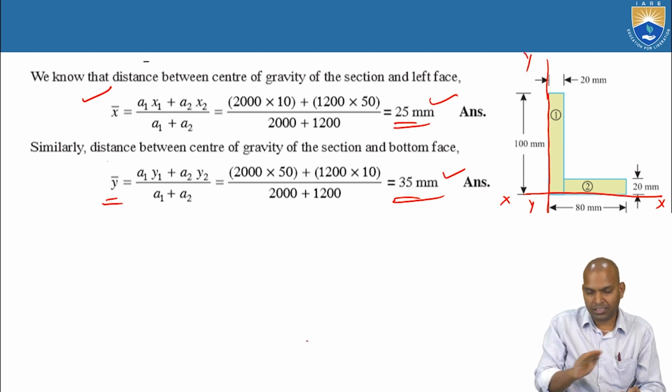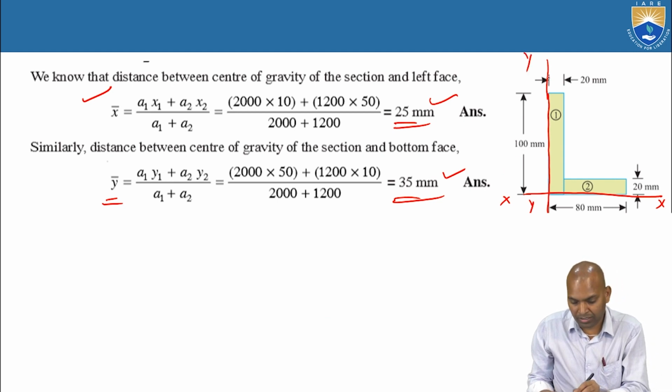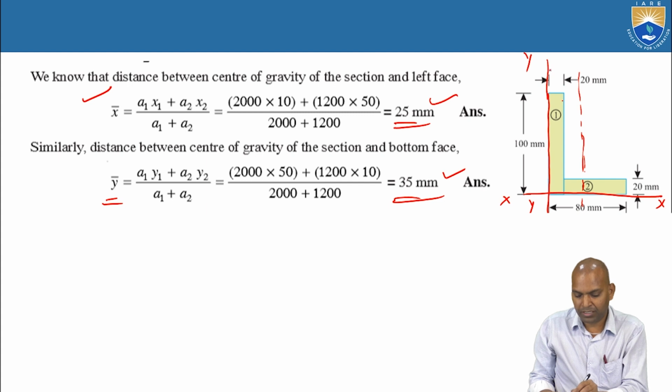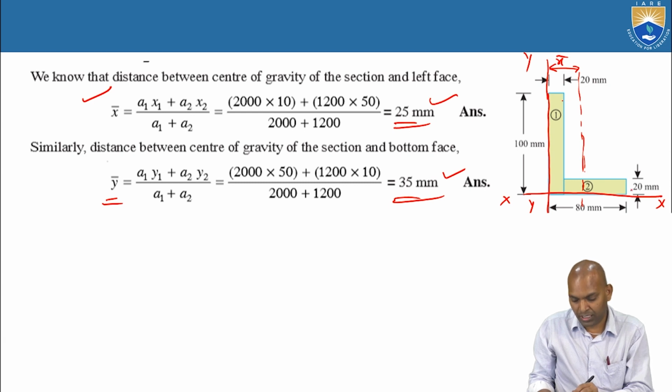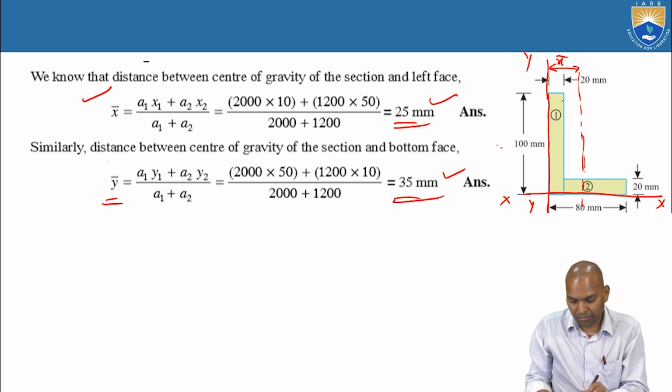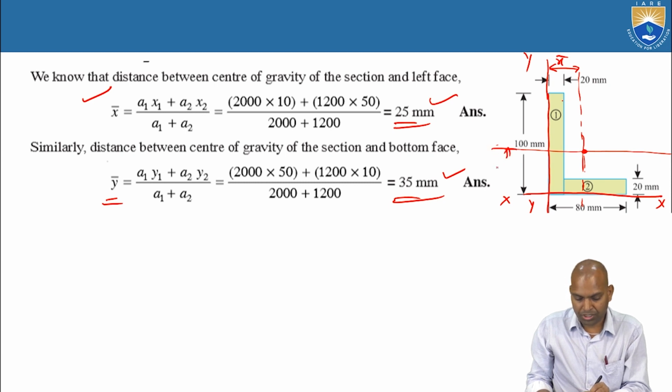Bar x means horizontal distance, 25 millimeters. This is 20 thickness, approximately here. What about bar y? It is 35 millimeters. This is 20. Approximately, this is the bar y location.